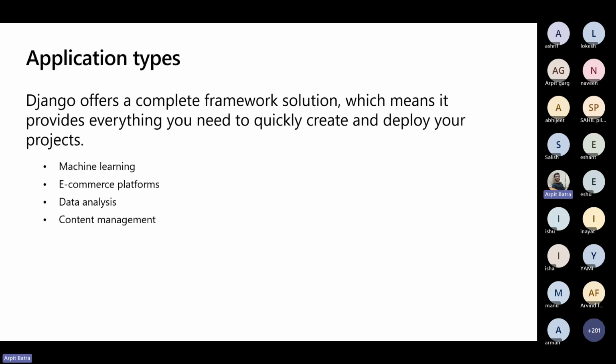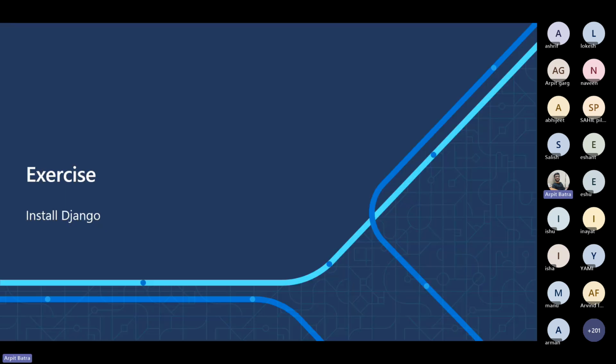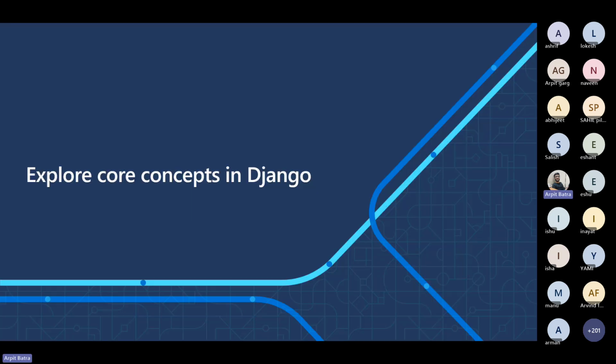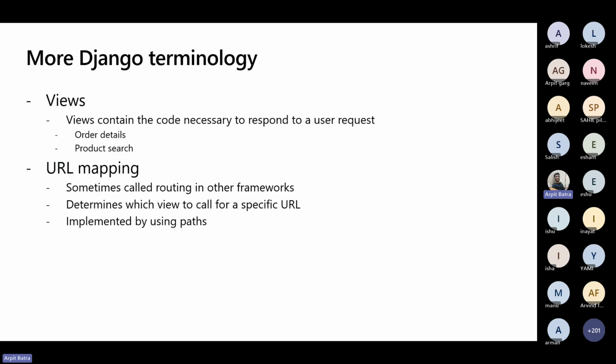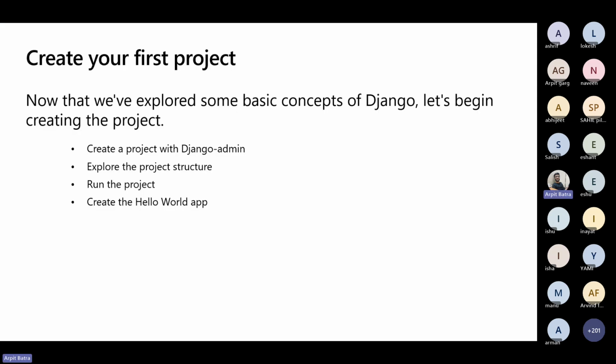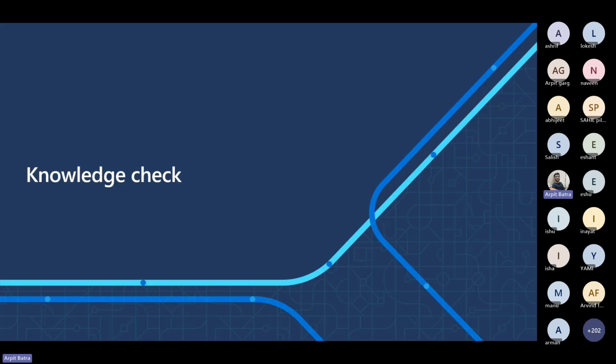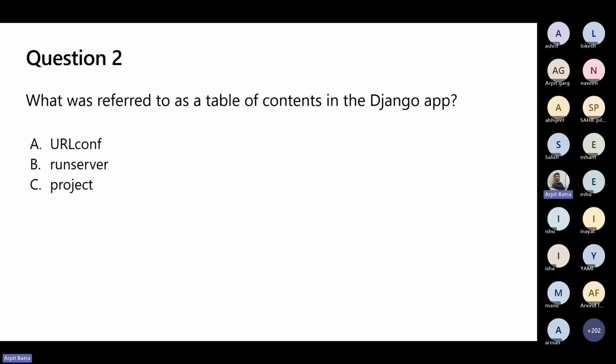Next we go for application types. These are covered. Create path and view, and we have a knowledge check. Question number two is covered.